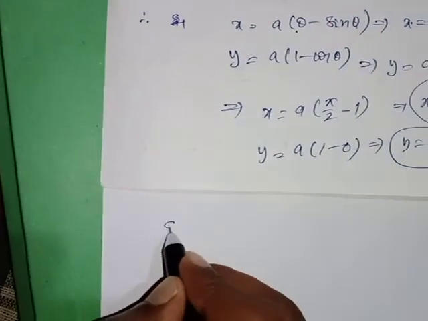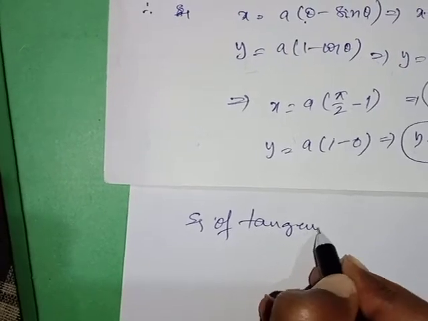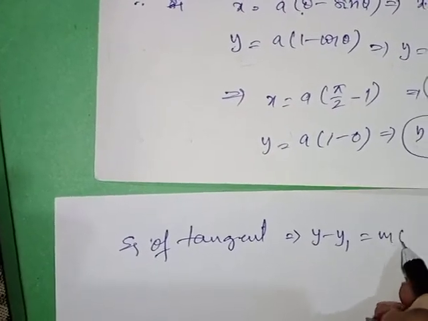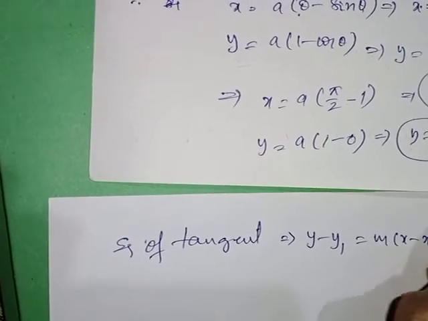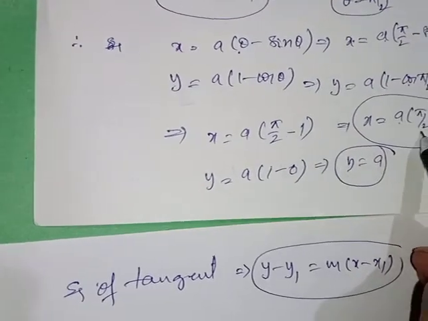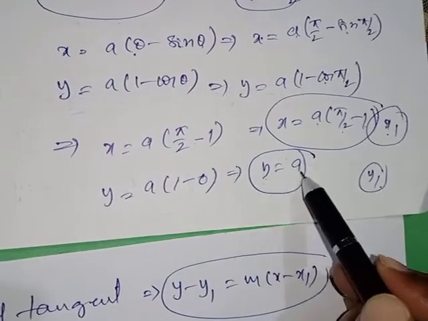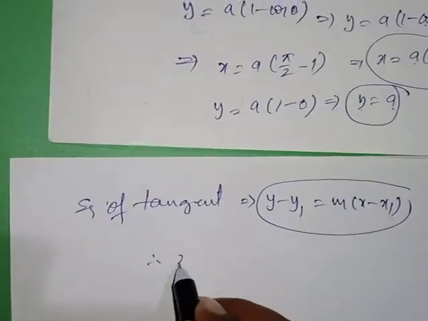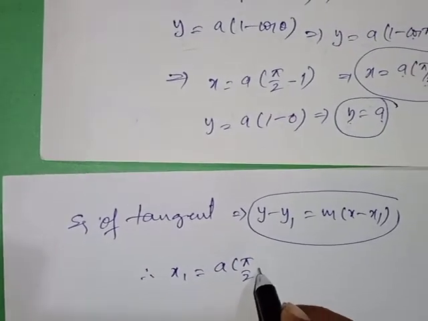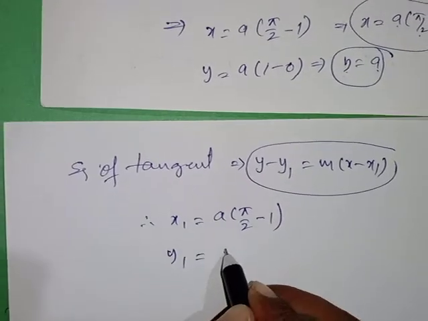Now find the equation of the tangent, which is y minus y1 is equal to m into x minus x1. Here x1 is equal to a into pi by 2 minus 1, and y1 is equal to a.